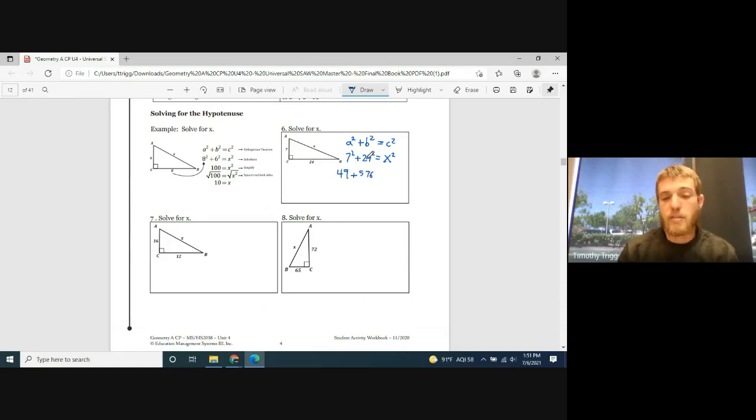Again, that's 24 times 24 to get that. That equals x squared. We can add these two together, 49 plus 576, which gives us 625 equals x squared.